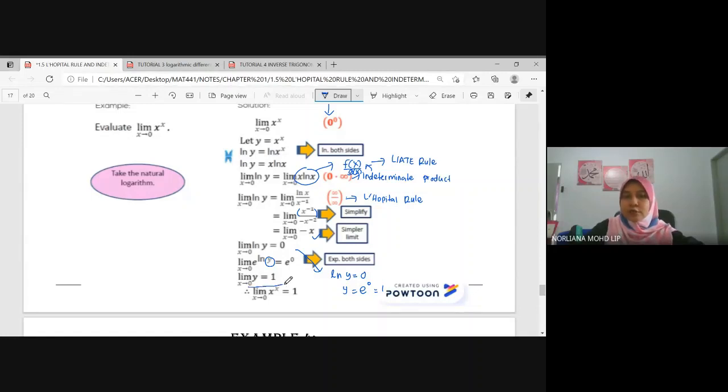Then we replace the value for the limit of y where x approaches 0 with the original question, so the answer equals 1. This is important, you must replace it back. If you don't replace it, then the final answer is not there.